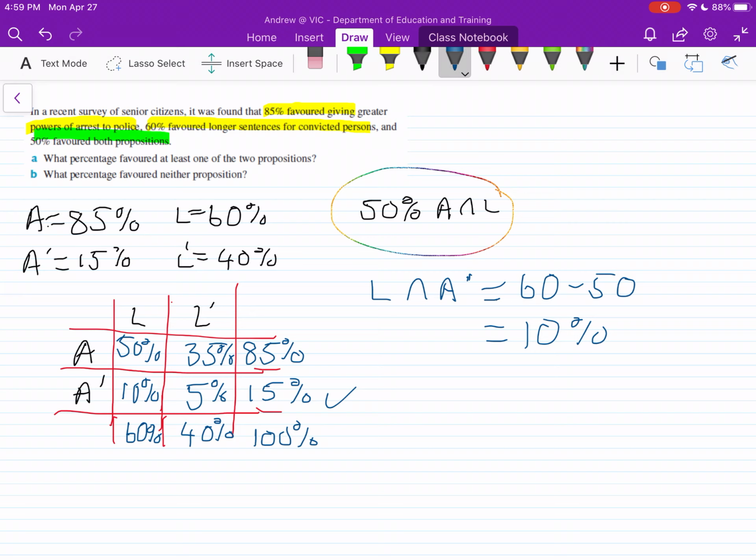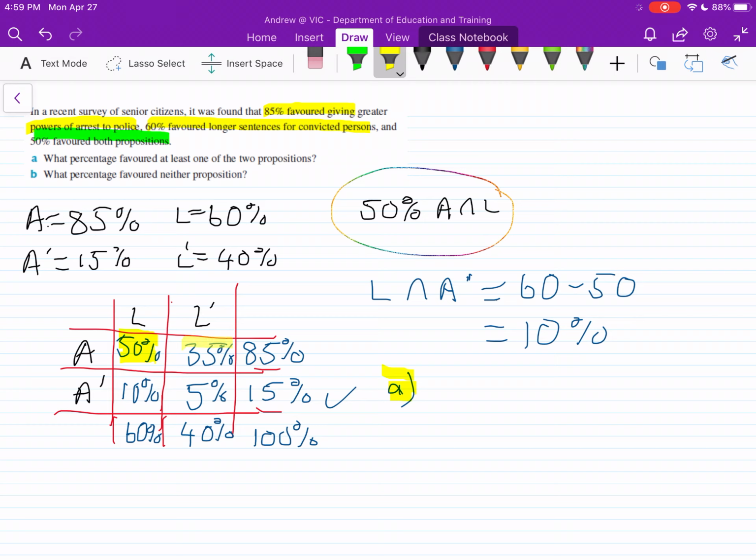So what we need to do now is just answer our questions. Question A is, what percentage favoured at least one of the two propositions? I'll do this in yellow on our Karnaugh map. This first one, they favoured both, so that's at least one of the two.